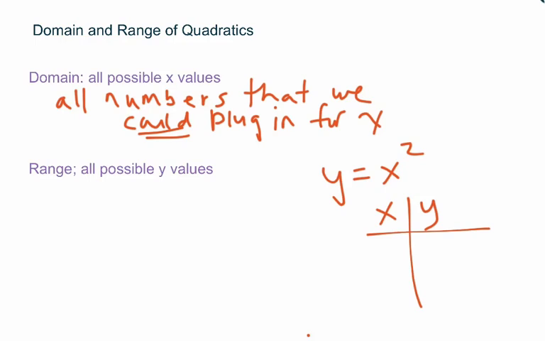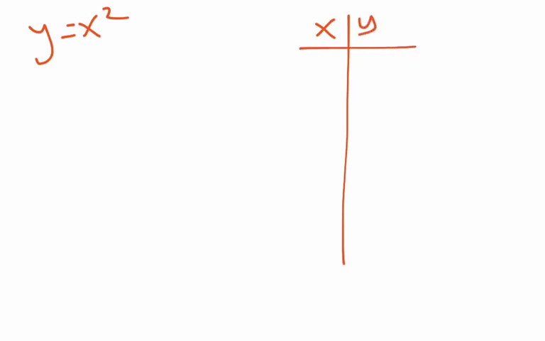So if you wanted to plug in 0, you could plug in 0, and 0 squared would give you 0 out. You could plug in a 1. You could plug in positive numbers. Actually, let me do this out. I'm actually going to expand on this. I'm changing my plans right on the spur of the moment.